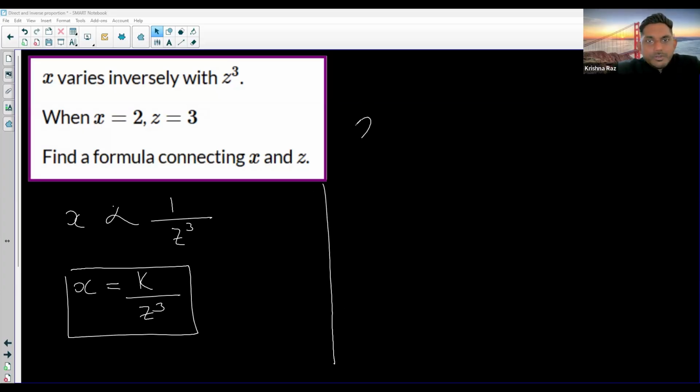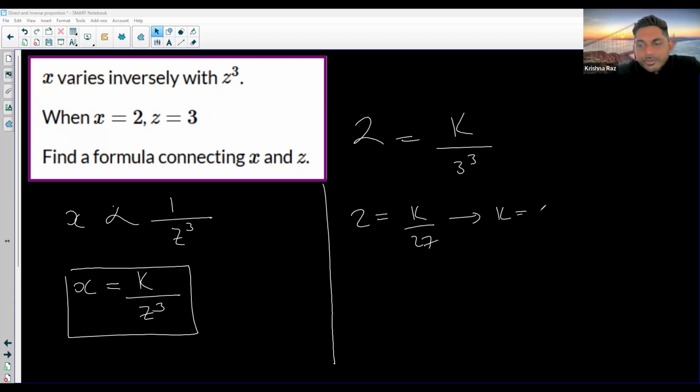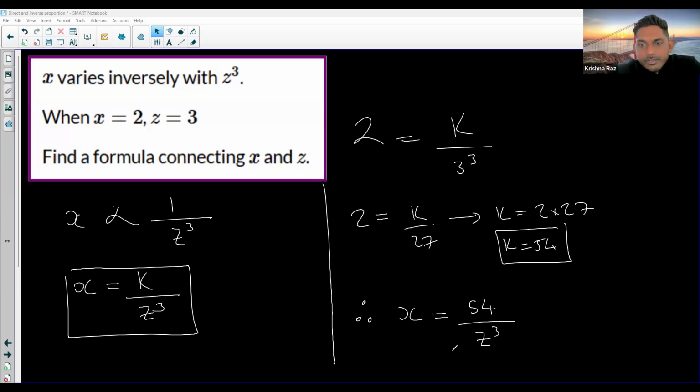When x is 2, z is 3. So that means 2 equals k over 27. So k equals 2 times 27, which is 54. Therefore, x equals 54 over z cubed.